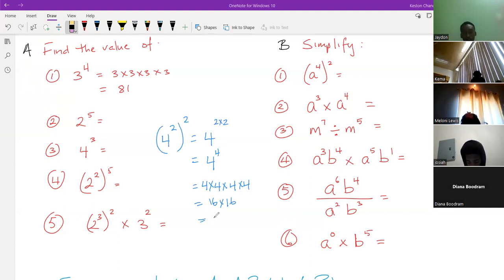That's 256. Right, that's how you work out one like that.